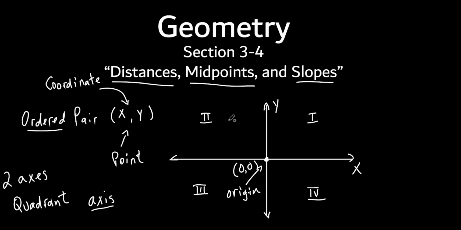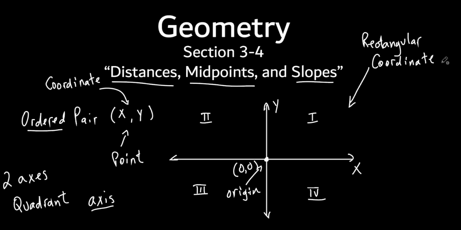This whole thing right here with the X and Y axis also has a name. You could call it a couple of different things. You could call it a rectangular coordinate system. Sometimes people will call it that.